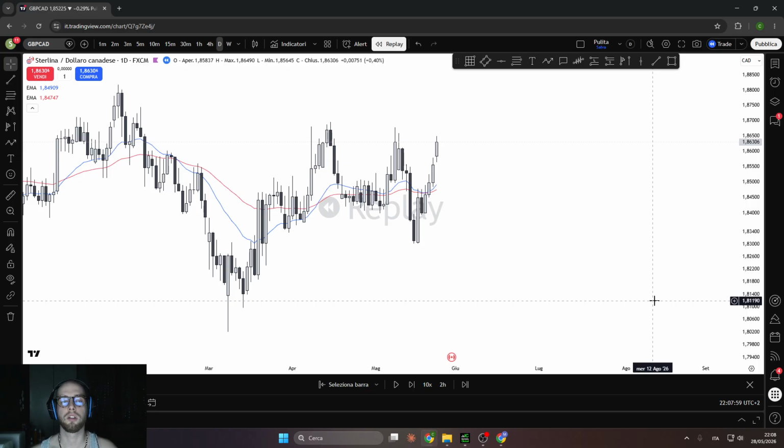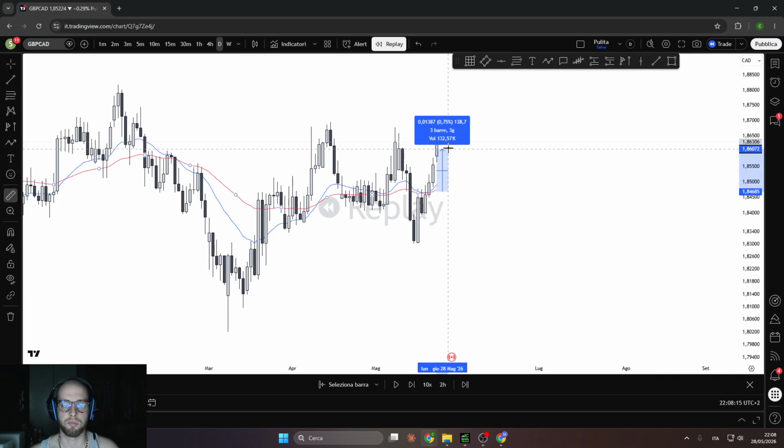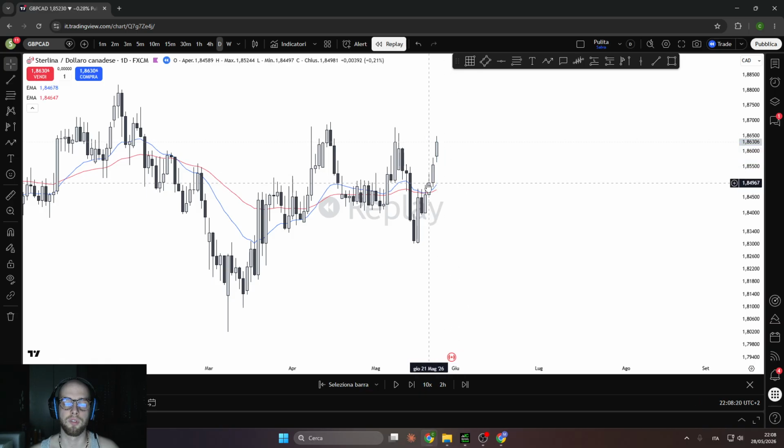What I'm looking for on the chart in the morning is whether price has expanded from the moving average. So has price moved far from the moving averages? In this case, yes, price moved 180 pips from the moving average. So I know this is a big expansion.